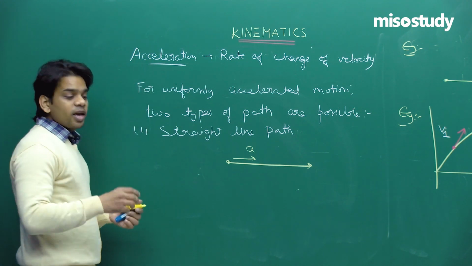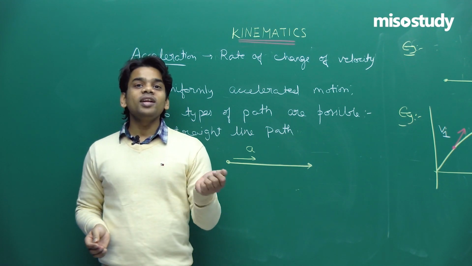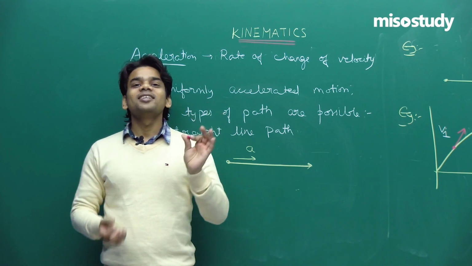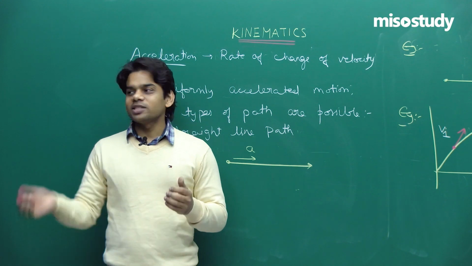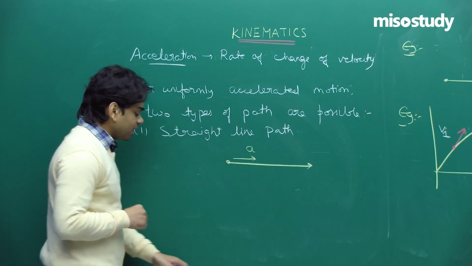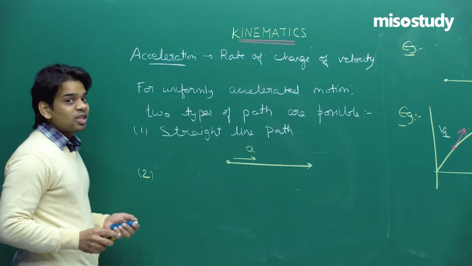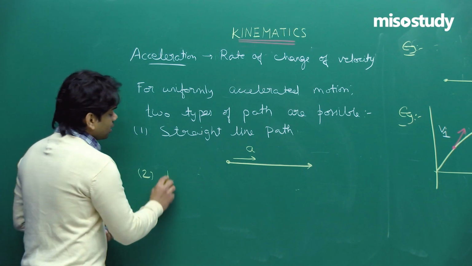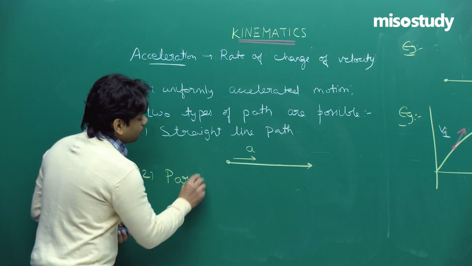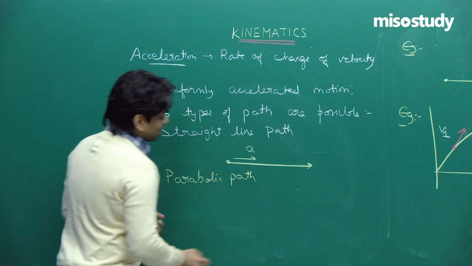Now suppose I take this object and throw it. The only acceleration acting on it is the acceleration due to gravity, and that is downward. You can see this is moving, but again the velocity is changing. Although uniform acceleration is acting on it, yet the path is not a straight line, it's a parabolic path. So the second, a parabolic path, is also possible in a uniformly accelerated motion case.